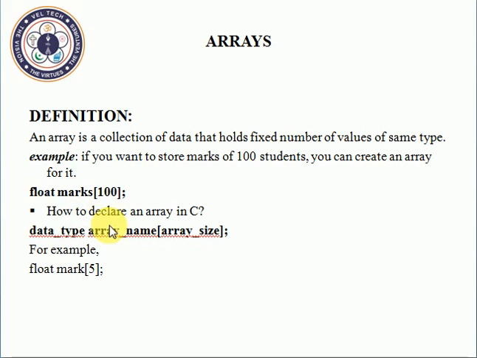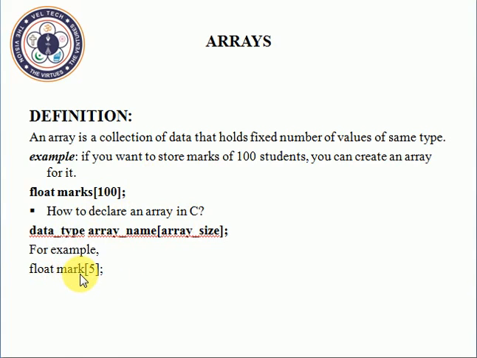Let's see how to declare an array in C. An array can be declared as given in this slide: data type, array name, array size. This data type should be related to the array name we are using here. That is, if I want to store marks of 100 students, here I have created my array as mark of 5.